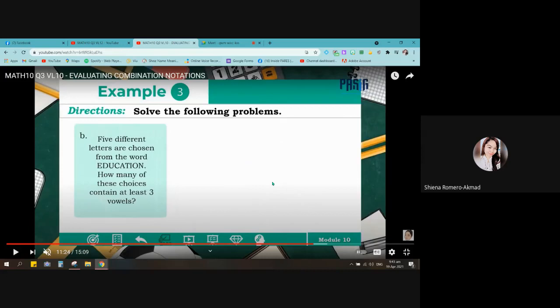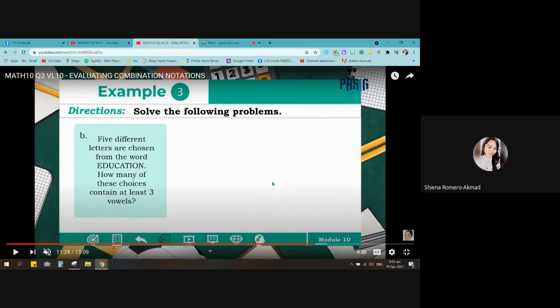5 different letters are chosen from the word education. How many of these words or choices contains at least 3 vowels? So, meron na siyang condition na binigay, at least 3 vowels daw. So, ang gagawin natin is how many letters ba ang meron tayo dito?